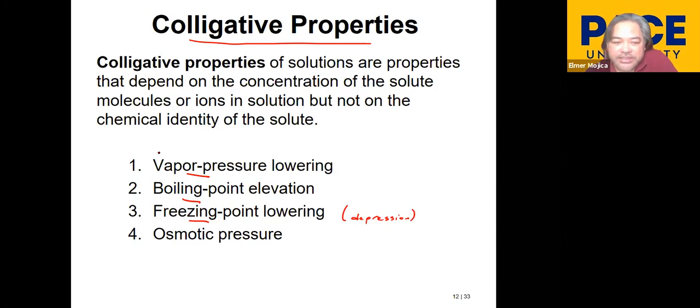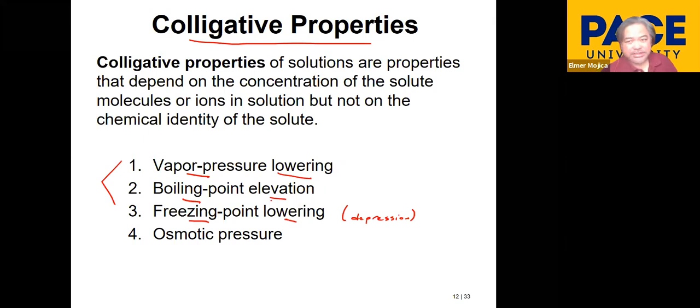What does this tell us, at least for these three colligative properties? When there's a change in the amount of the solute, the vapor pressure usually becomes lower for a given solvent. The boiling point is usually elevated due to the increase in the amount of solute. And freezing point lowering means the freezing point lowers.